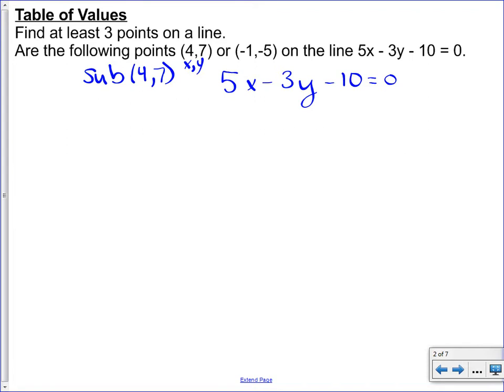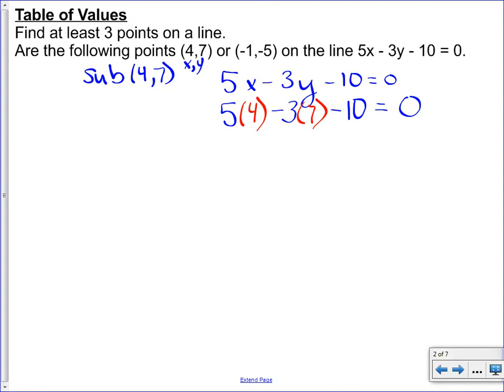So I'm going to write 5. And then instead of writing x, what will I write? Good. And then what comes next? Minus 3. Good.